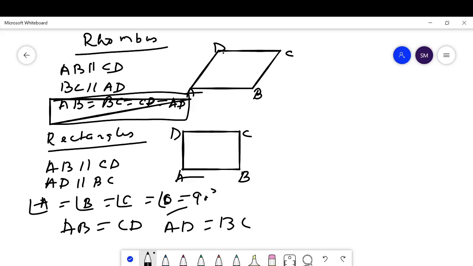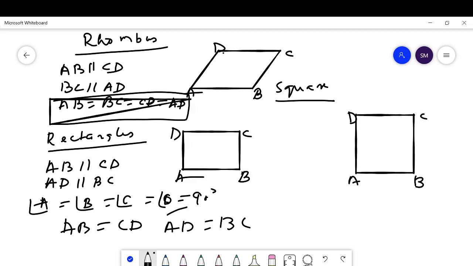Then square. A square is a type of rectangle in which all four sides are of equal length.